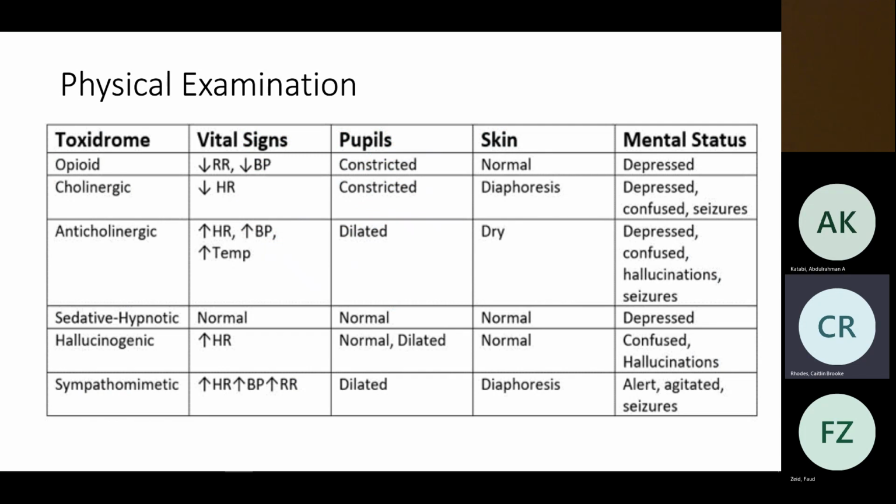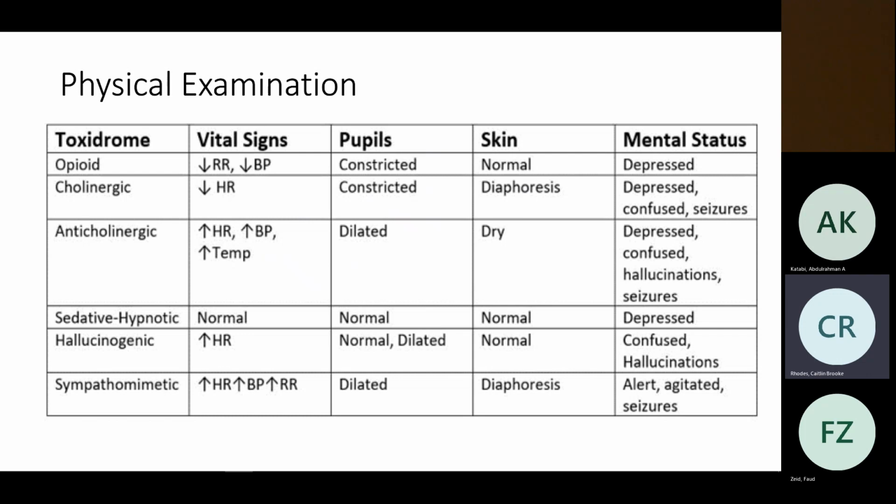As you see, opioid can come with low respiratory rate, low blood pressure, pupils constricted, mental status depressed. Cholinergic can give you a similar presentation to the opioid. And then anticholinergic can give you a similar presentation to sympathomimetic, except for the mental status, and those patients usually come with more altered, depressed mental status.